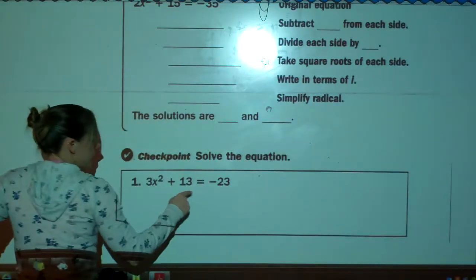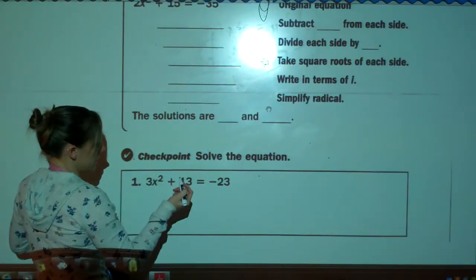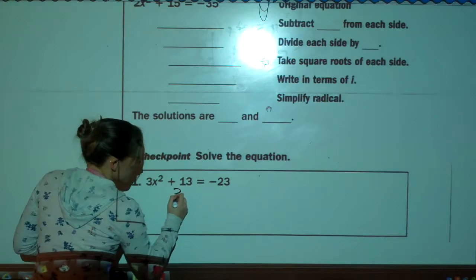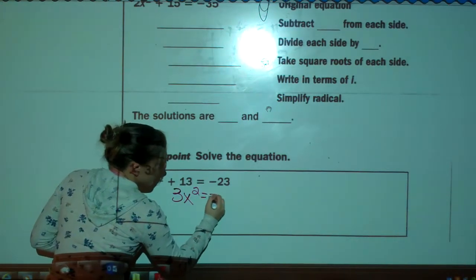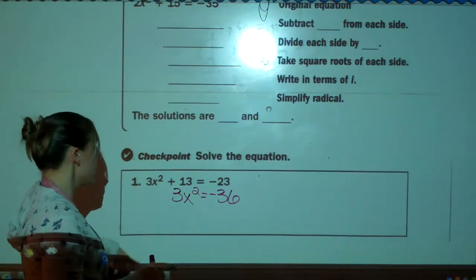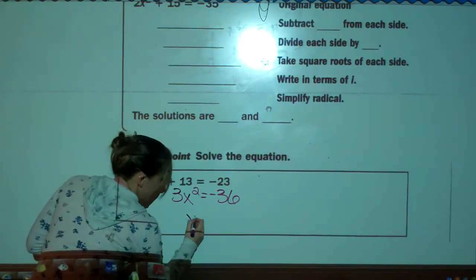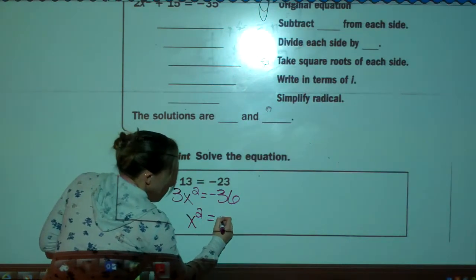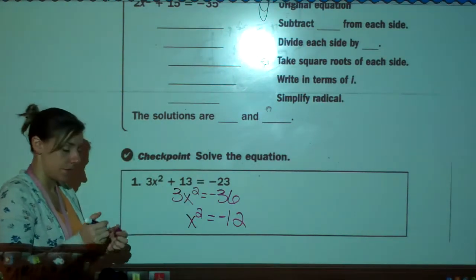Okay, so I subtract 13, and I get 3x squared equals negative 36. Then I divide by 3, and I get x squared equals negative 12.